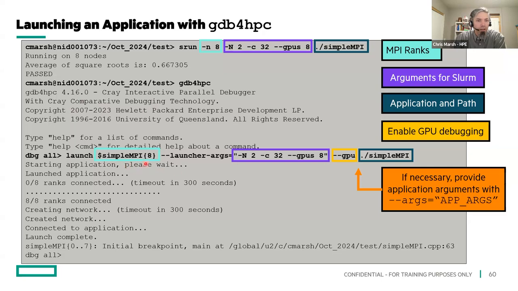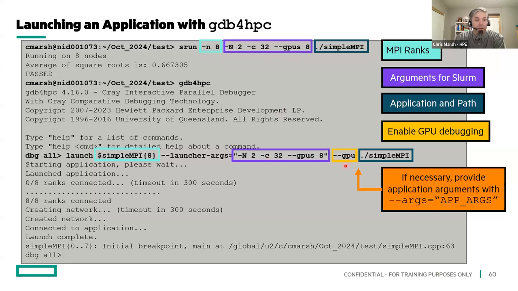Once you specify your ranks, and the ranks are in curly brackets, you can see there next to your label, then you specify your launcher arguments, which are exactly the same as what you used, except for the minus lowercase n.